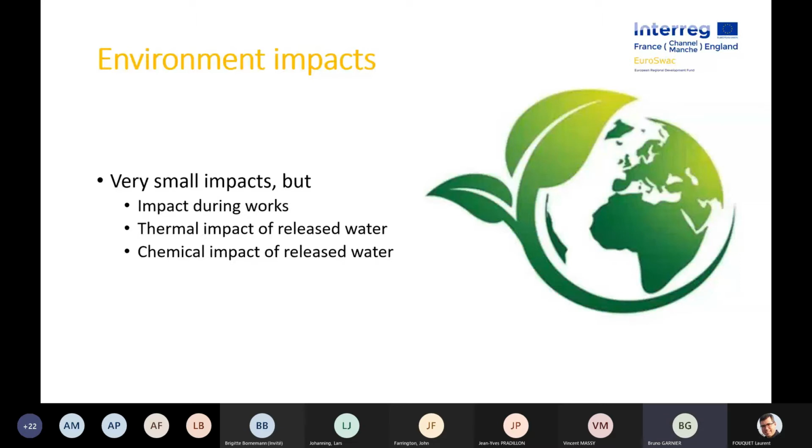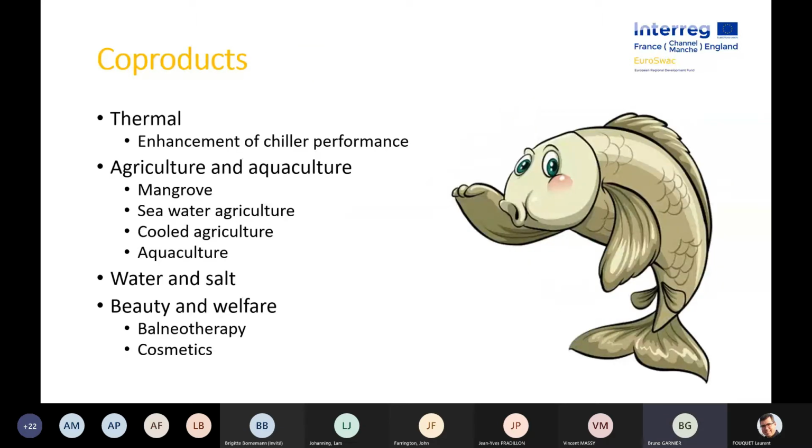And then there are co-products. There's a thermal co-product that is the enhancement of a chiller performance. If we have either negative chillers for freezing rooms, for example, or the chiller that will be used for the peak, they can be enhanced by the SWAC.